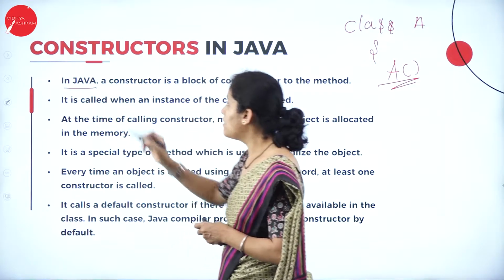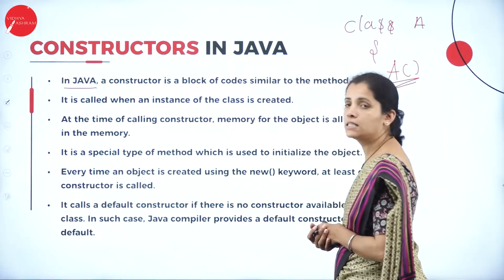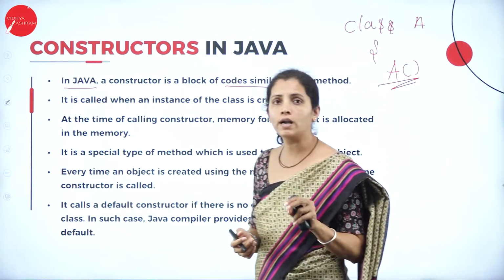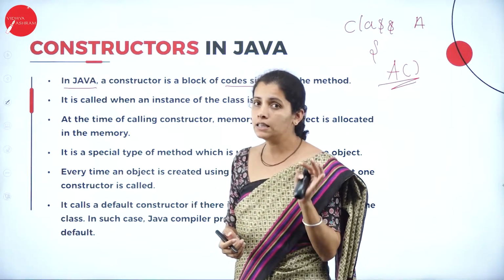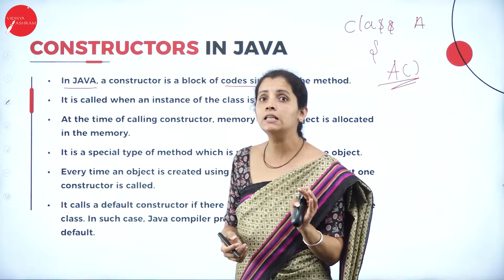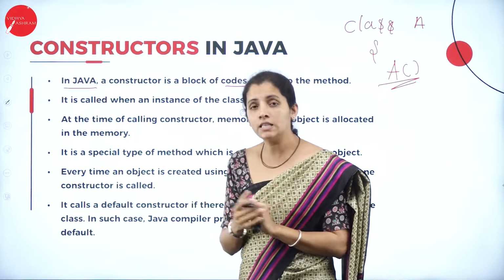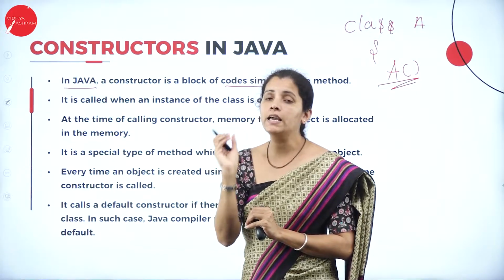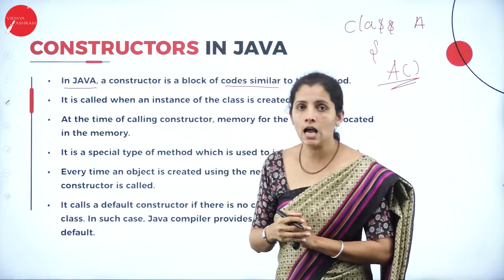Now, in Java, a constructor is a block of code. It is like a method in Java. So what is the difference here? Here, the constructor name must be the same as the class name.